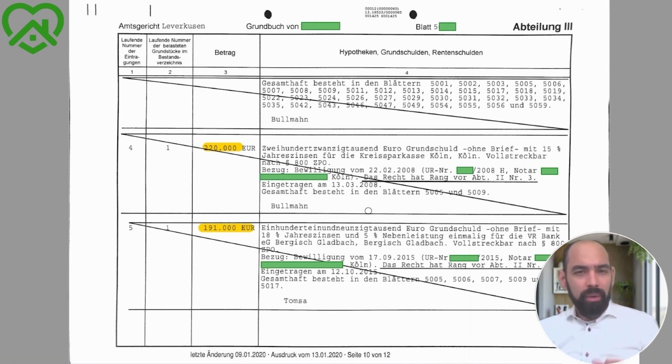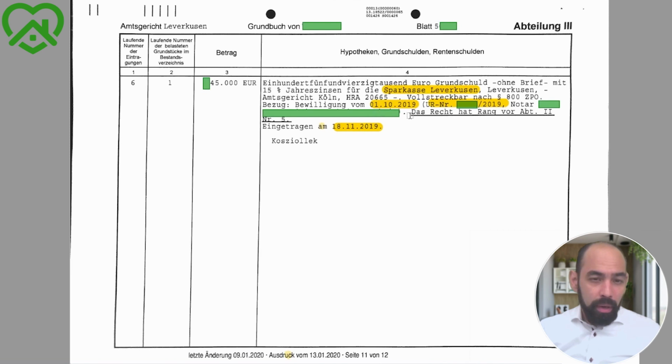Let's have a closer look at one or two things which I just skipped. The first one, you already know that I signed the purchase agreement on 1st of October 2019. What happened after that? 2 or 3 things happened at the same time. One is the land charge was entered here based on that notarized purchase agreement.